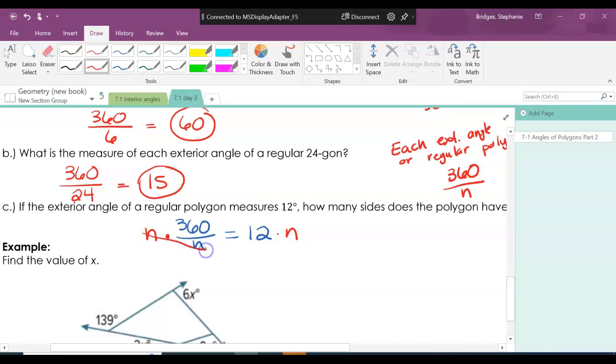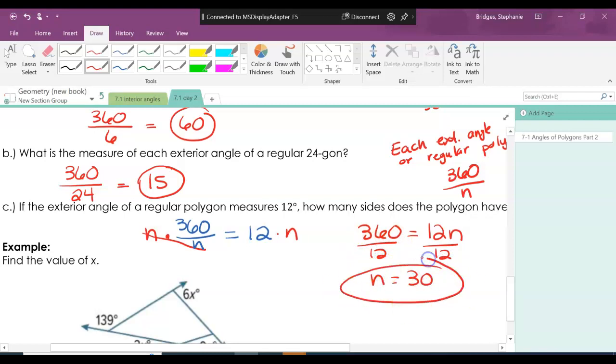So that's going to cancel, leaving me with 360 equals 12 times n. Then what would I do? Divide by 12. And so the number of sides would be 30. Is everybody okay with that?